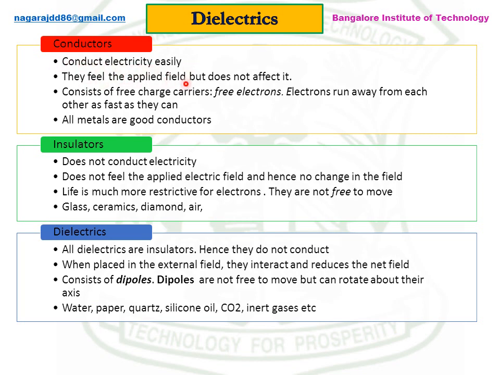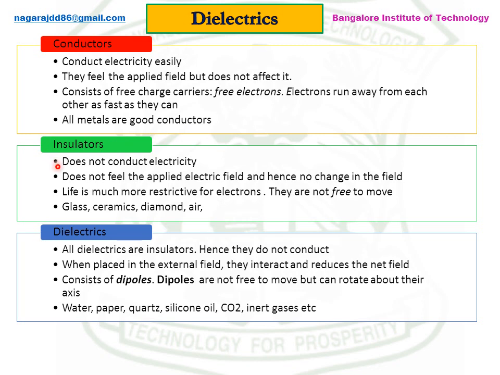They feel the applied electric field but do not affect it. That means when you apply an electric field to a good conductor, there will be no change either in the magnitude or in the direction of the applied field. All conductors consist of free charge carriers, also called free electrons or conduction electrons, and these electrons run away from each other as fast as they can. All metals are good conductors.